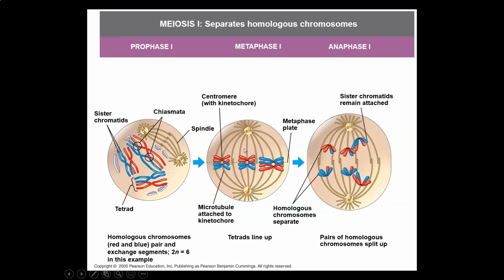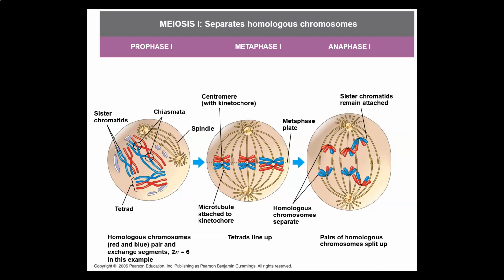The nuclear envelope breaks down. The chromosomes condense, and the spindle apparatus forms from the centrosomes, the centrioles, the microtubules that are going to help move the chromosomes around. Okay, so that happened in mitosis too. Nuclear membrane breaks down, the chromosomes get more compacted, and the spindle forms.